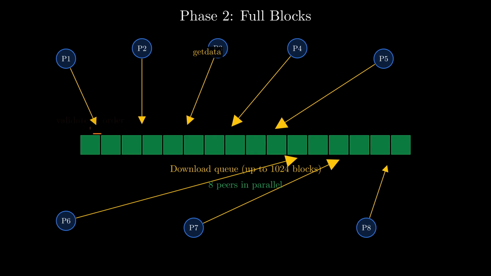But there's a catch. Blocks must be validated in strict order because each block references the previous. If the oldest block in the queue stalls because one peer is slow, the entire pipeline blocks. So the node times out that peer, drops it, requests the missing block from someone else, and continues.